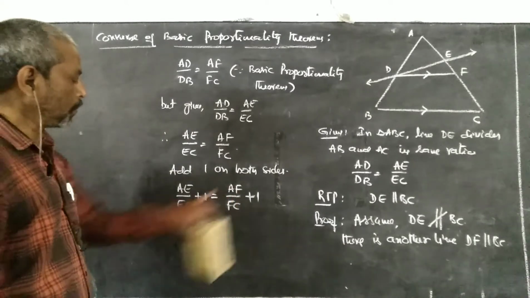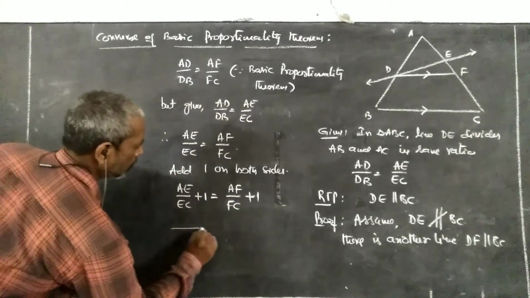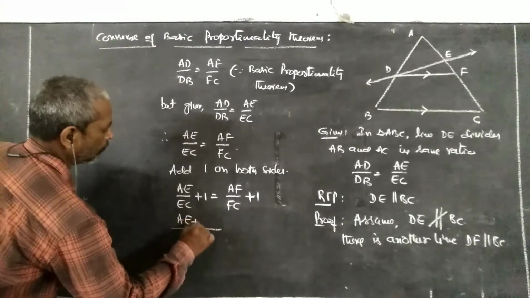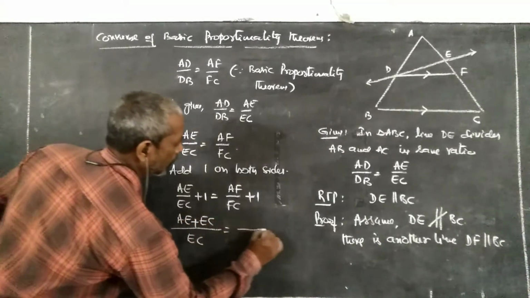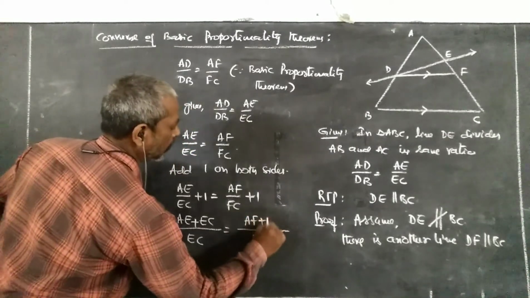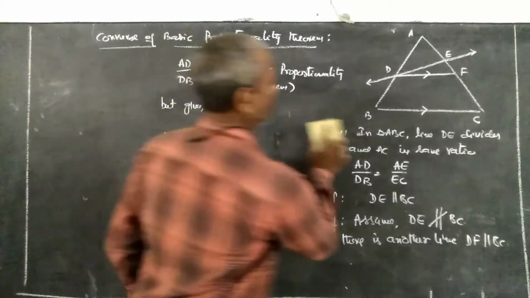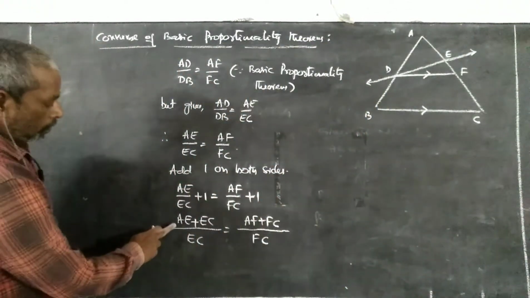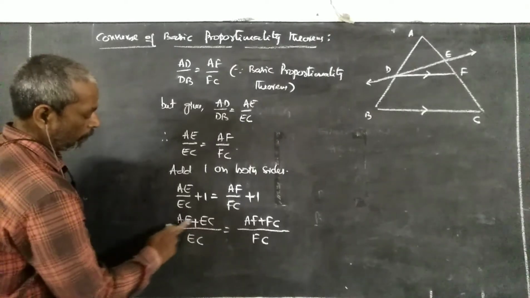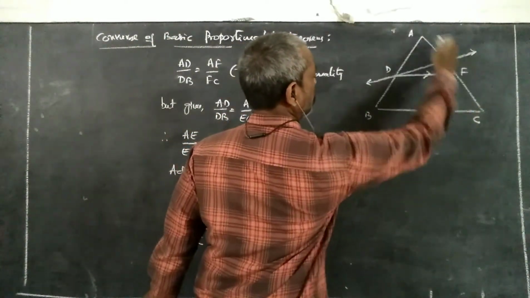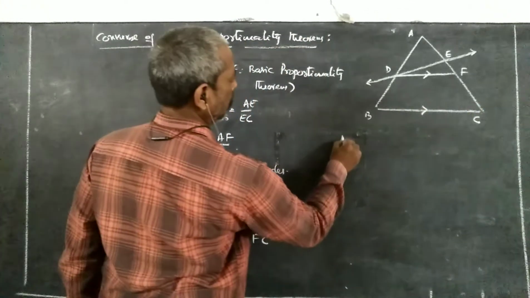Now take the LCM on both sides. Here EC is the LCM: AE plus EC. On the RHS, FC is the LCM: AF plus FC. Now observe AE plus EC in the numerator. AE plus EC is equal to the length of AC.